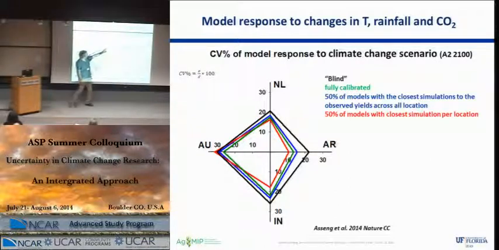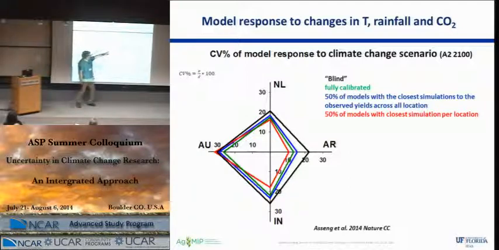If we now consider the 50% models with the closest simulation to the observed yield across all locations, we rank the models. These are the best models we have in relation to representing the data. Do we get a narrow error? In fact, the error goes up again in most of the situations, particularly in here.